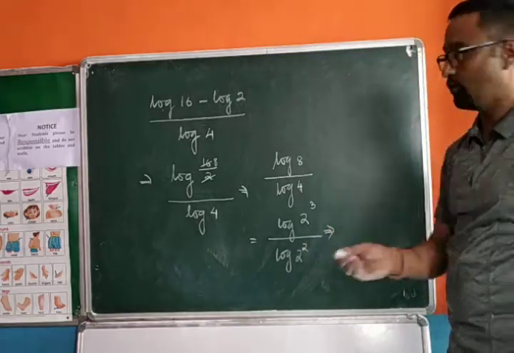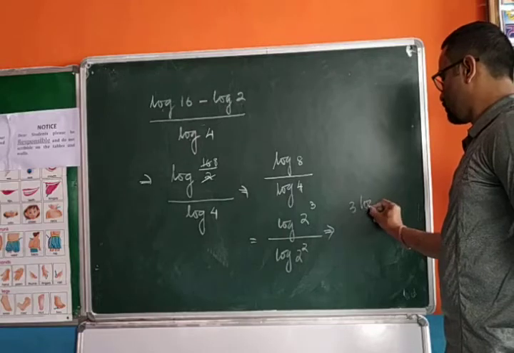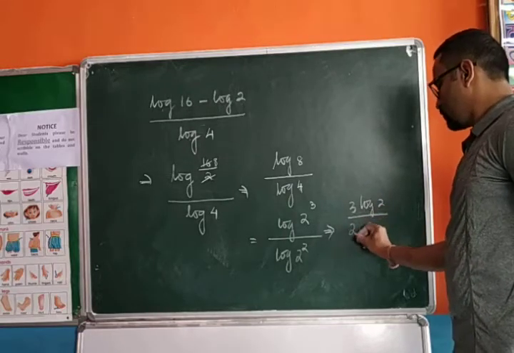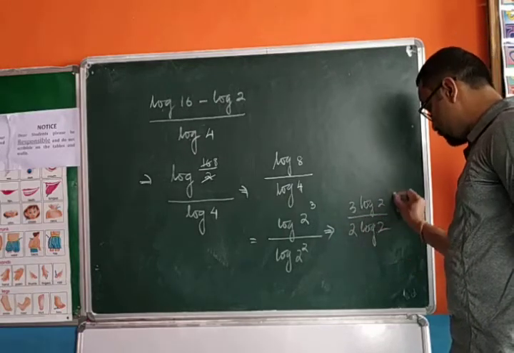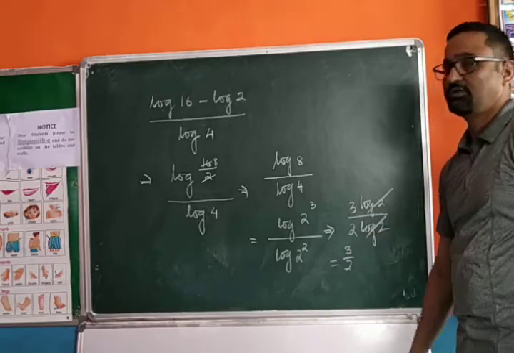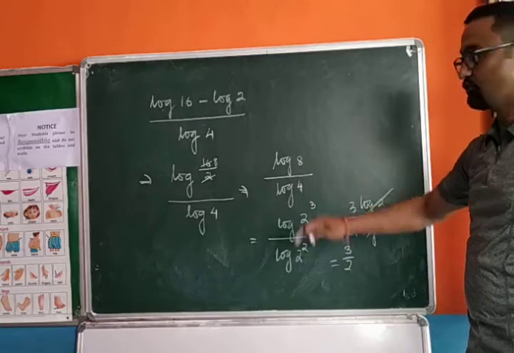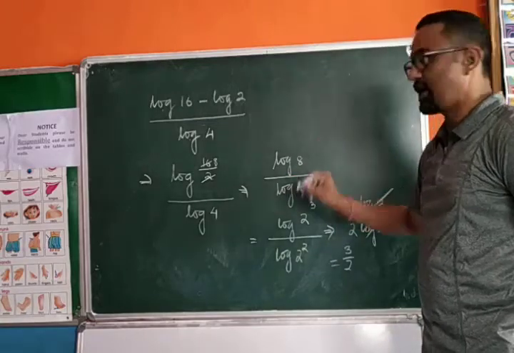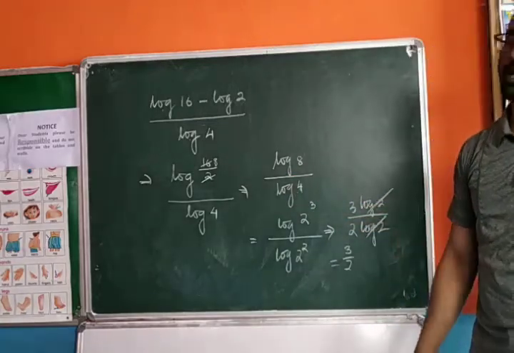Apply power law. 3 log 2, 2 log 2. Now you can cancel. Answer is 3 upon 2. Don't try to cancel 4 ones are 4, log 4 two times. That is not allowed.